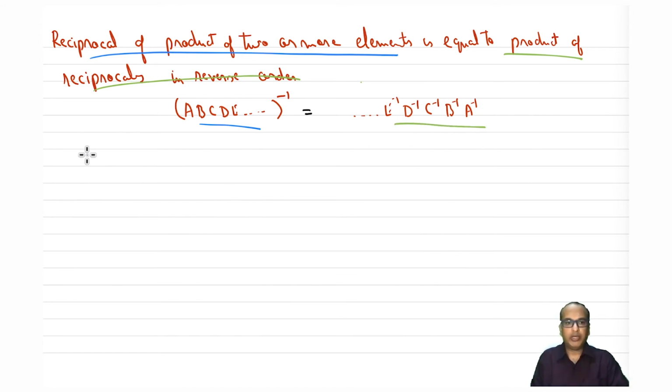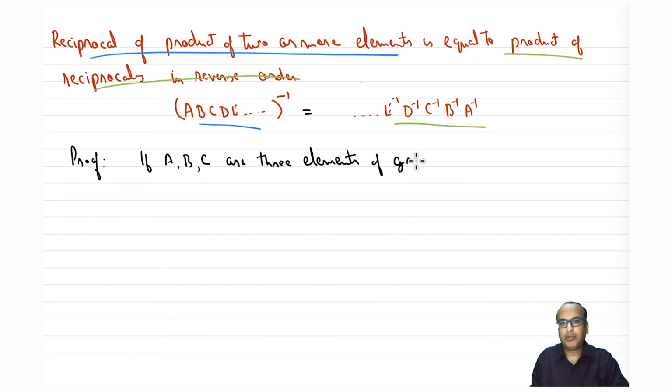Now how do I prove this? So let's try to prove this. Let's consider three elements for now. If A, B, C are three elements of a group G, then we can write A, B, C is equal to D, right?